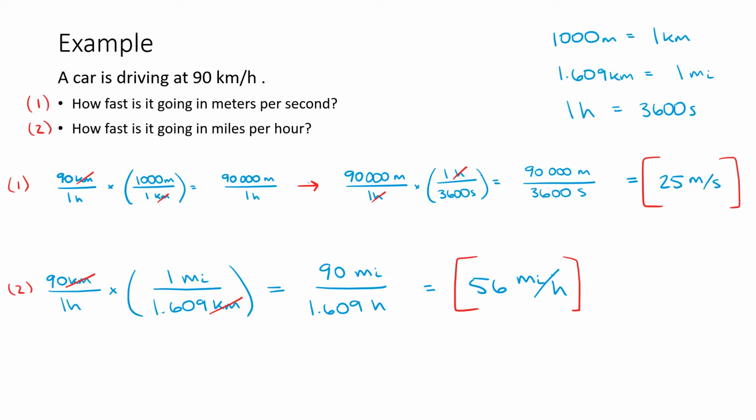So that's something we will need. I will also put how many seconds are in an hour. So we have 1 hour, that's going to be 60 minutes, 60 again, that's 3,600 seconds.